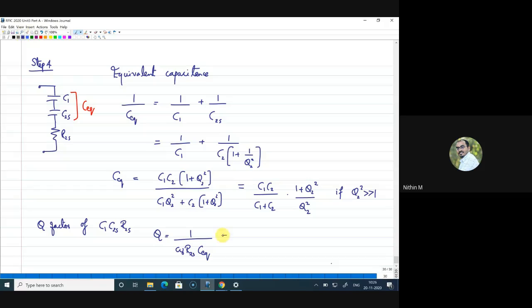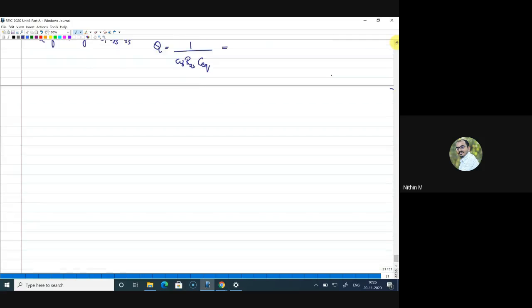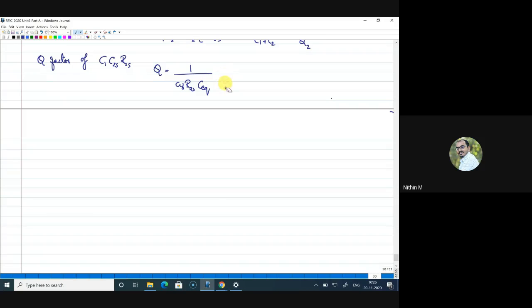What is R2S here? Let me go to the next page. Yes, this is the Q factor of the branch that I have written now. And I can further write this Q as 1 by omega naught into, what is R2S?